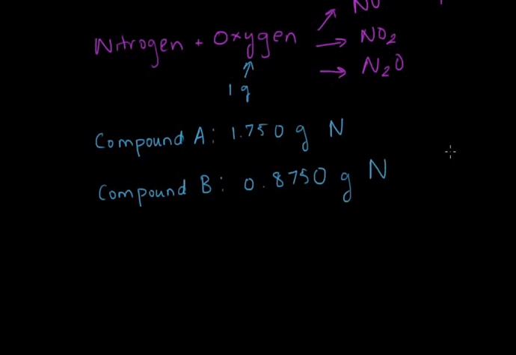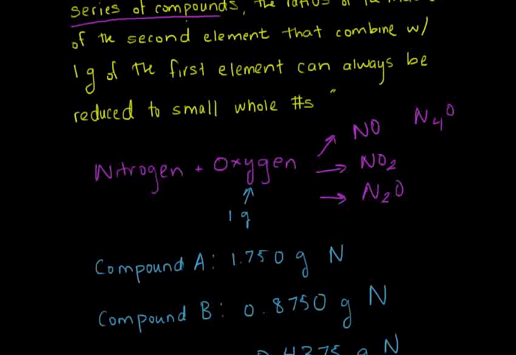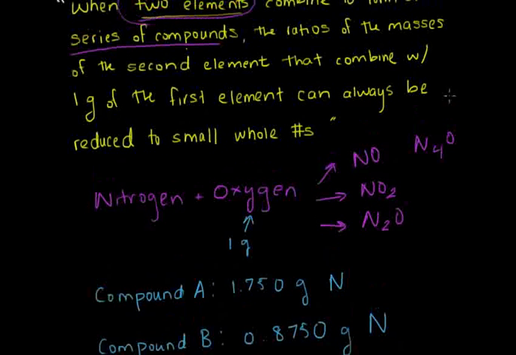Remember, these were experimentally observed. And compound C has 0.4375 grams of nitrogen. Okay, so when we say a series of compounds, we're just referring to these multiple compounds created from nitrogen and oxygen.